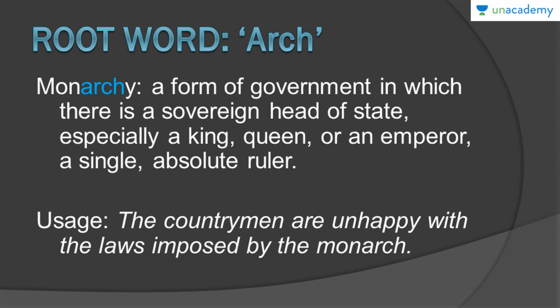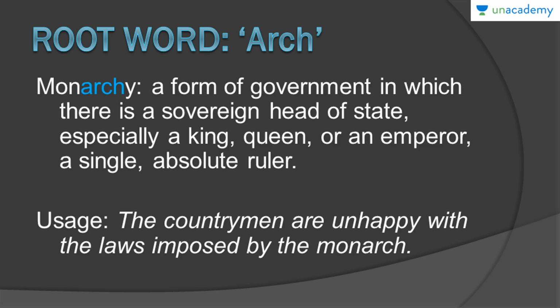Our first word for this root word arc or archy is monarchy. Monarchy is a form of government in which there is a sovereign head of state, a single ruler. He can be a king, she can be a queen or an emperor.